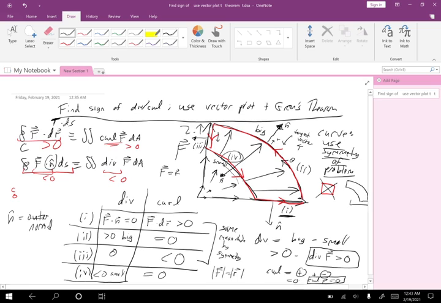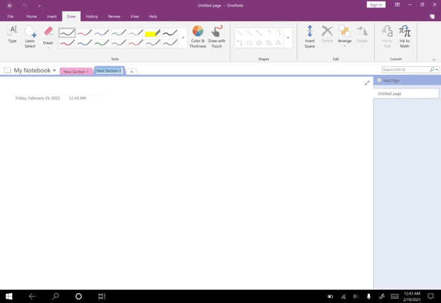Okay, let's do another example. We'll now do one that looks more rectangular. So instead, I'm going to have a vector field that's just pointing upwards. It will look big at the bottom.